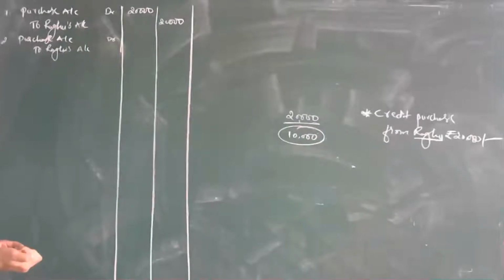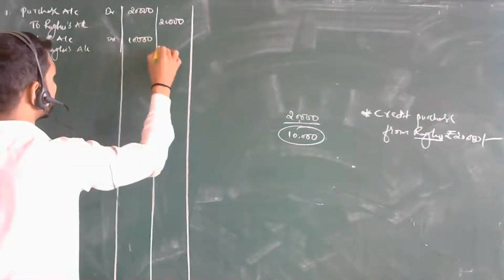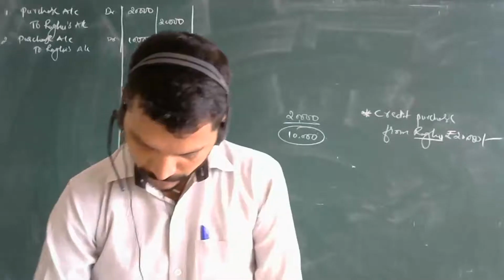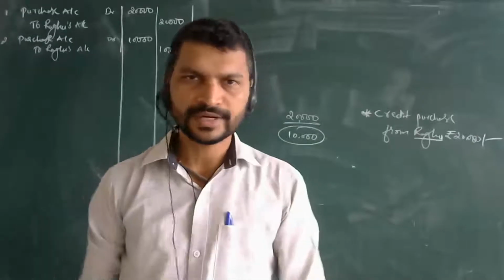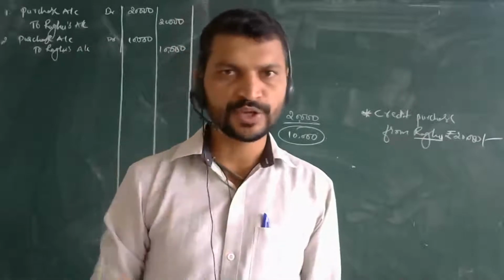How much amount are we recording over here? 10,000. Now this has to be corrected. The narration you will just copy down from the textbook, it is given, but understanding the error is most important here.